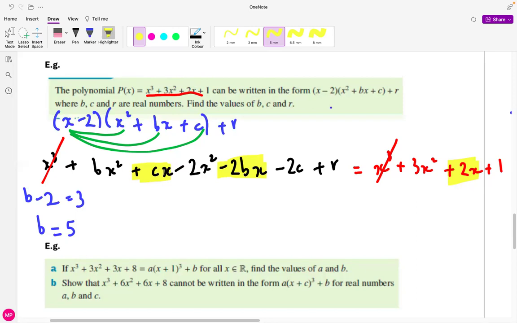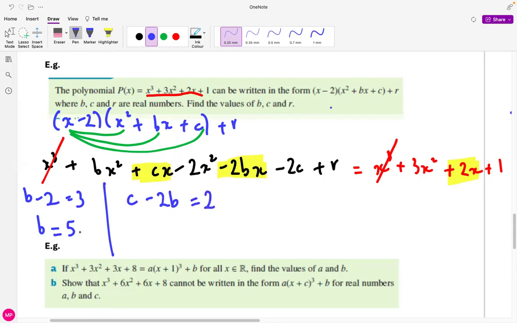What that shows me is c, the coefficient c, minus 2b as the coefficient of x has to be equal to 2. And I know b equals 5, so c minus 2 times 5 equals 2. So c minus 10 equals 2, c equals 12.